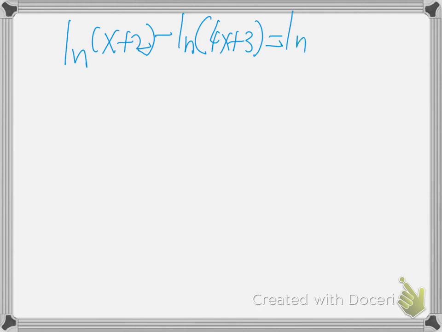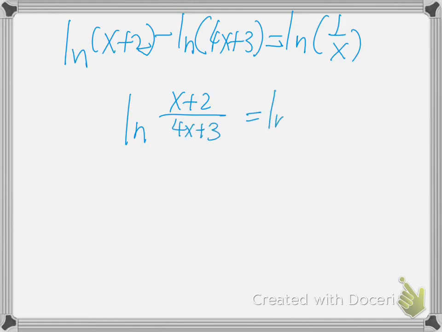The last example: ln(x plus 2) minus ln(4x plus 3) is ln(1 over x). First, we use the quotient rule to put these two logs on the left hand side together. Now ln means they have the same base e, so we can drop the log part. That's the one-to-one property, right?